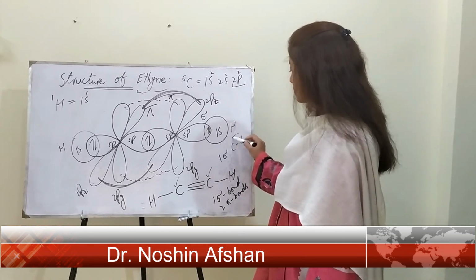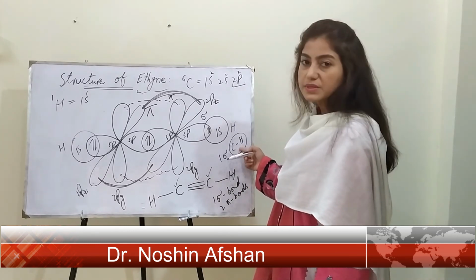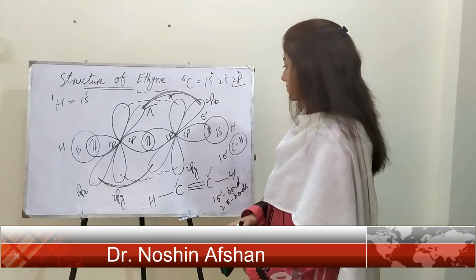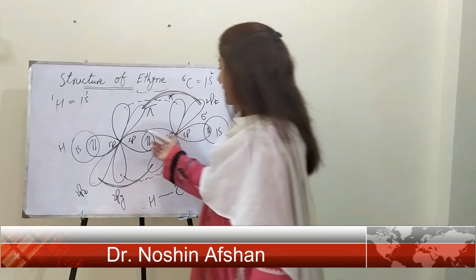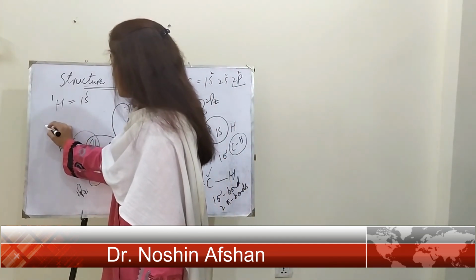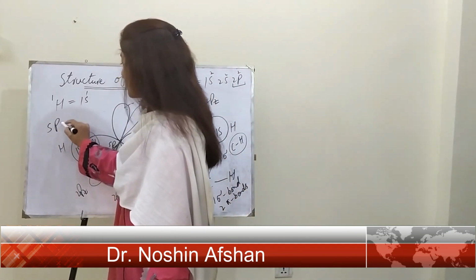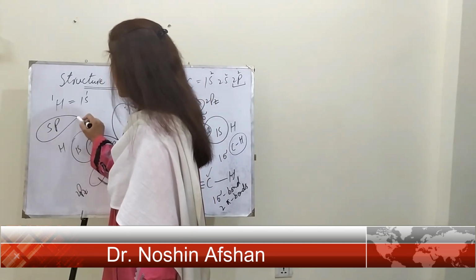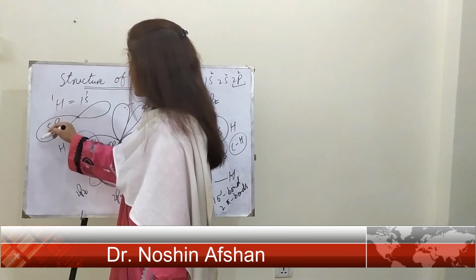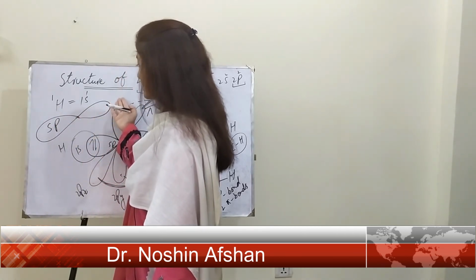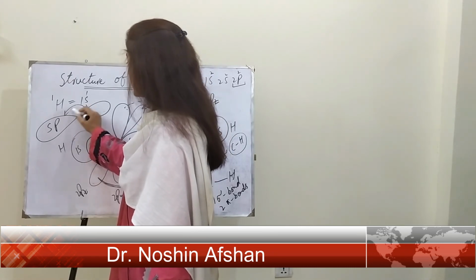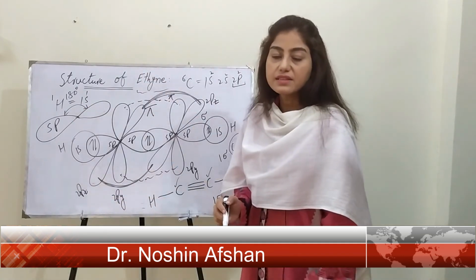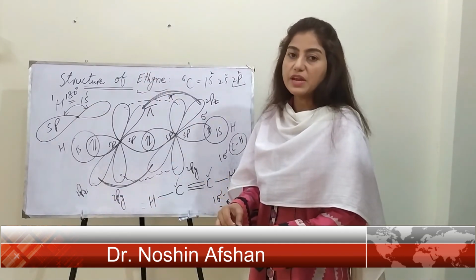Both of these carbon atoms would have a carbon-hydrogen sigma bond. And for the sp hybrid orbitals, one sp hybrid orbital is drawn in this way and the other along this side. So the bond angle between these two hybrid orbitals is 180 degrees, which means they have linear geometry.